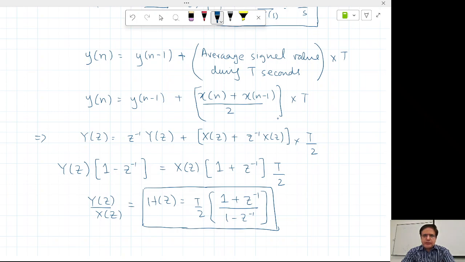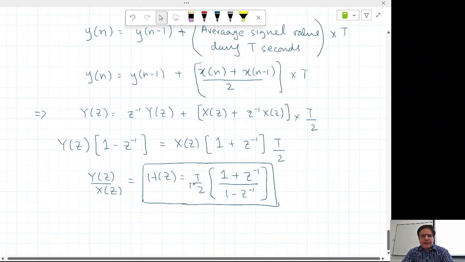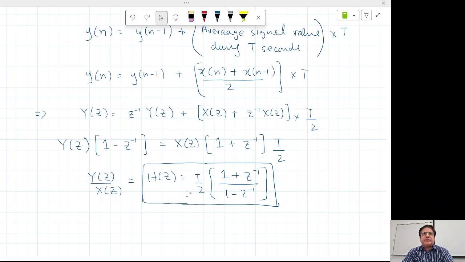Questions? All right. Now I have the transfer function representing the analog integrator, which is this one. I have the transfer function representing my discrete time integrator, which is this one. What I'll do, I'll just equate the two together to get the link between the z domain and the s domain.